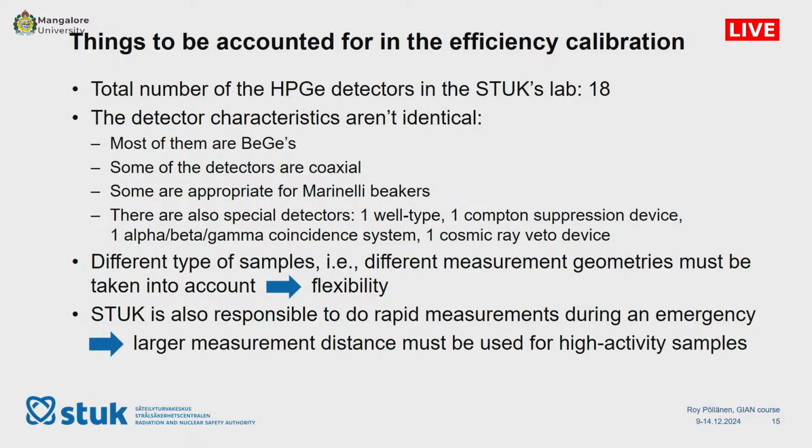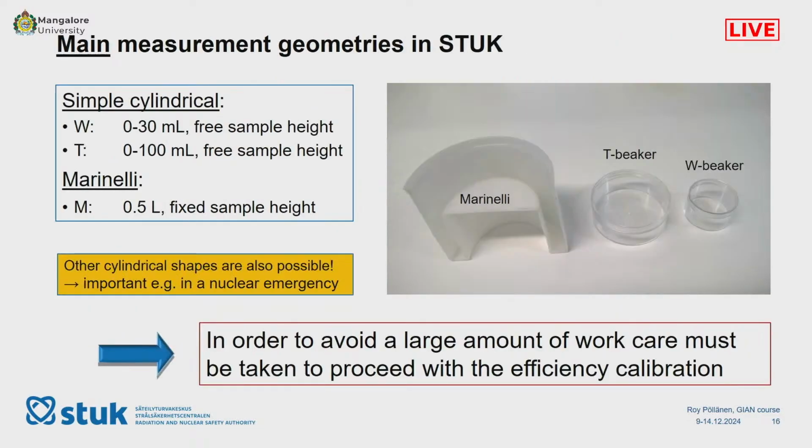And my organization is responsible to do rapid measurements during an emergency. And this means that we have to do measurements quickly and do the analysis also very quickly. If the sources are high active sources, then we have to use larger distances. And we have very many different measurement geometries, or could have.